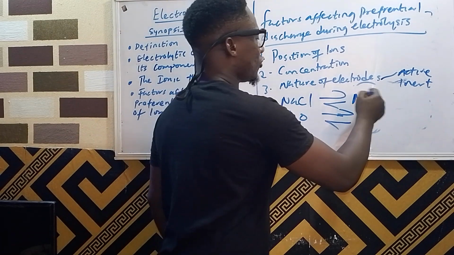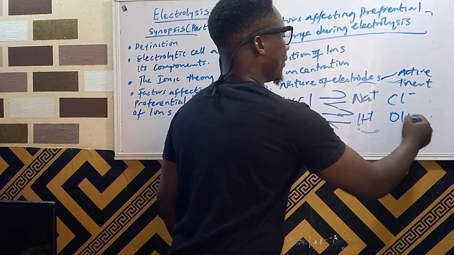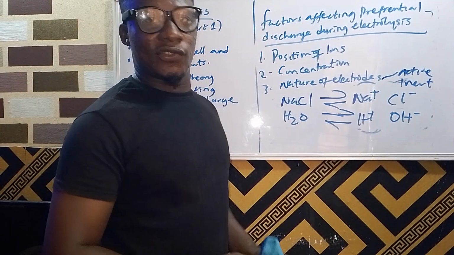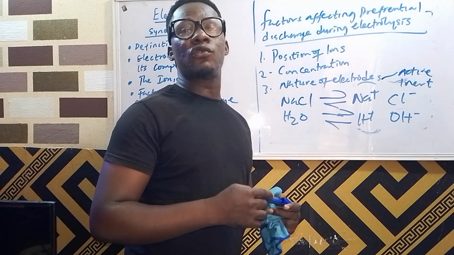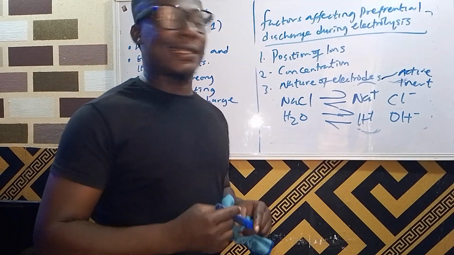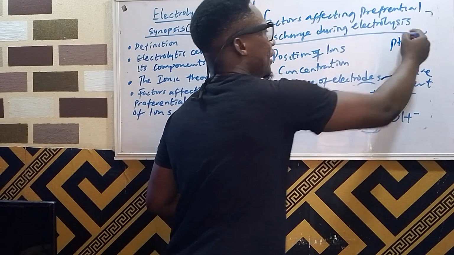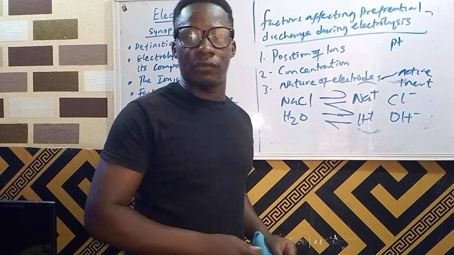For instance, when we use platinum electrode as the choice of electrode, the electrolysis goes as planned, because in this reaction, platinum, Pt, is an inert electrode. It does not take part in the reaction.